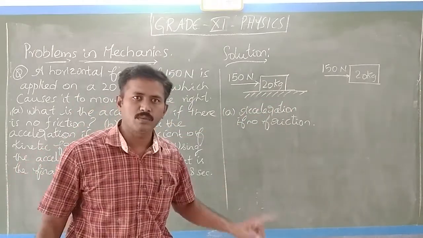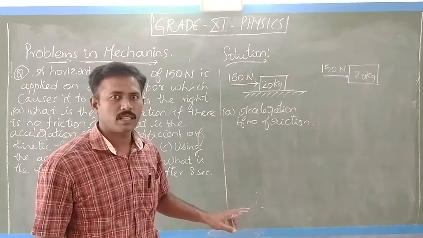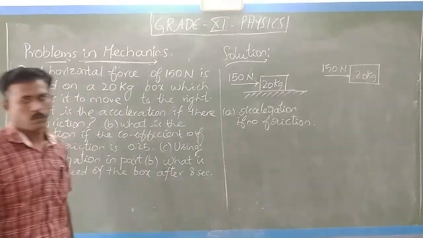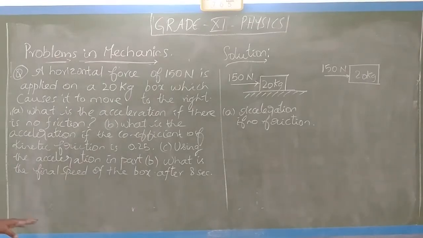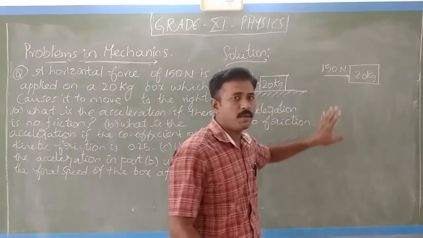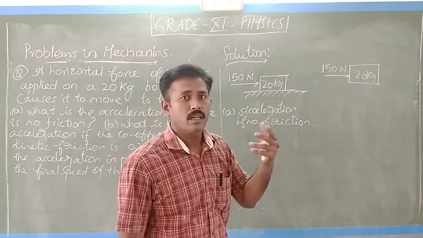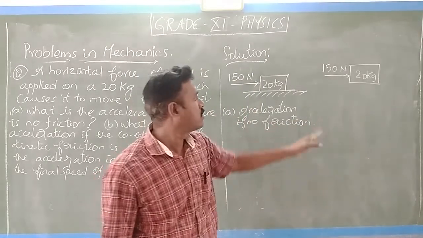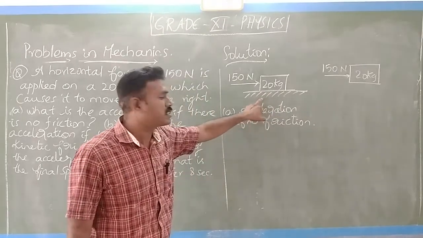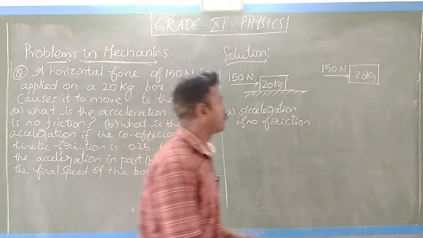When an object is moving, what is that? That is kinetic energy. When an object is moving, listen to the board, there will be kinetic energy. What is the friction applied here? The friction that is released by the object is kinetic friction.